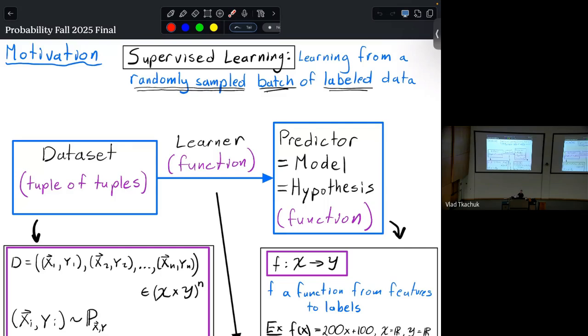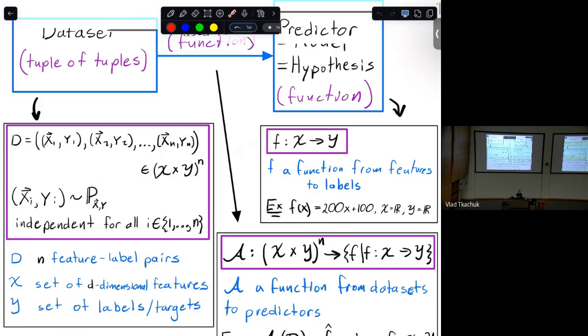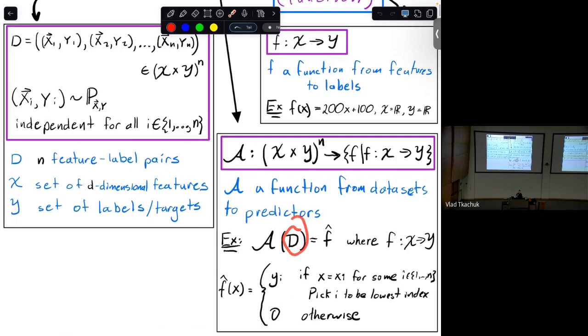Okay, quick little reminder of what we did. We're trying to formulate what it means for this data set to be randomly sampled from some distribution, and to be independently randomly sampled. And then what is that going to imply for the fact that our learner is a function of this random variable, the data set, and it's going to produce a predictor.